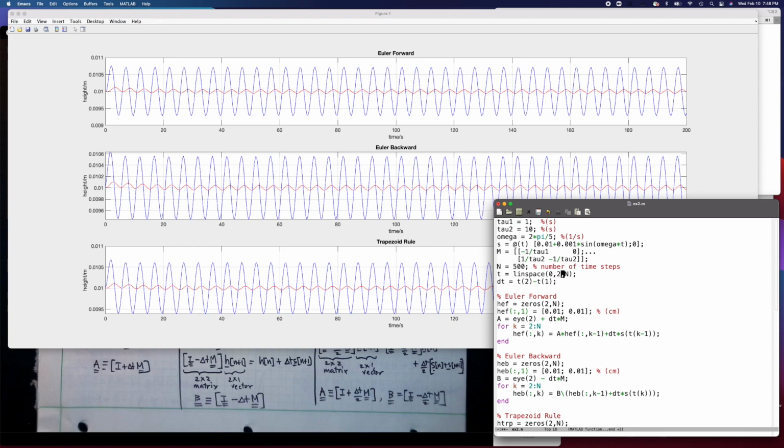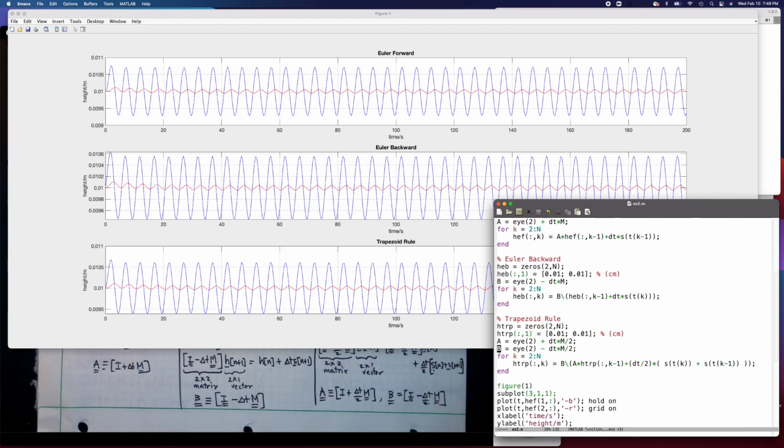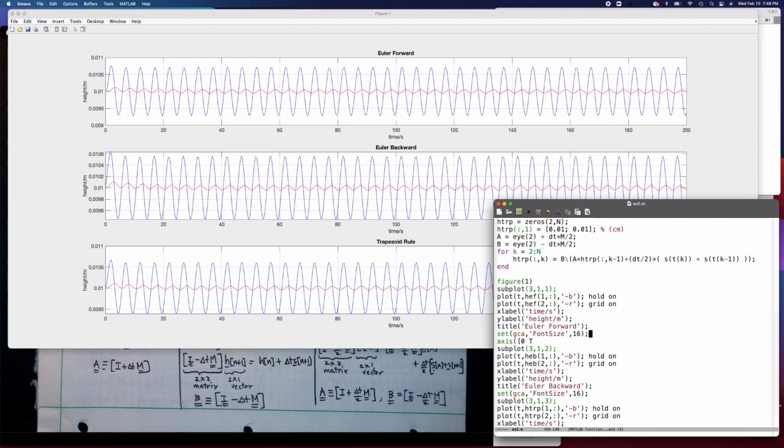So let's call this t equals 200, length of the simulation. And then I'm going to use that t to set my axis. T, and then the x and y axis, I'm going to start at 0.0095 all the way to 0.011.